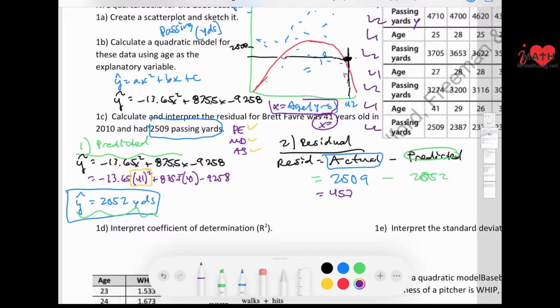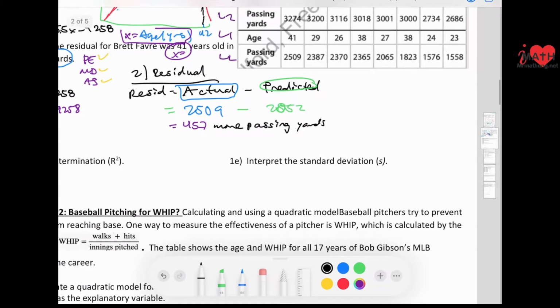Now let's go ahead and interpret. He actually got 2,500. So if you think about that, I'll mark it here in yellow. He was what? Above or below? He was above. So Brett Favre had 457 more passing yards than predicted.